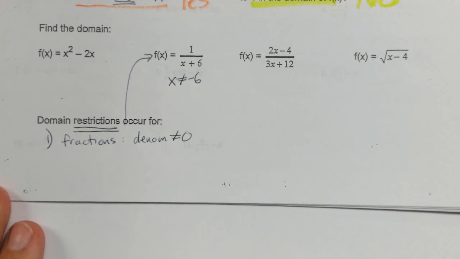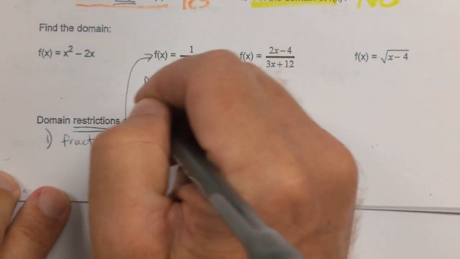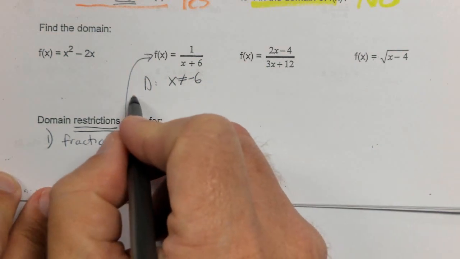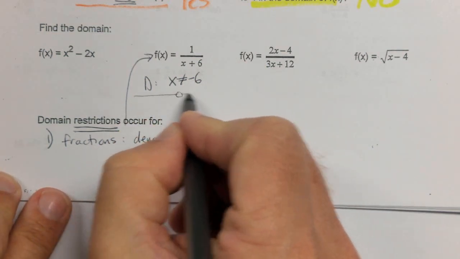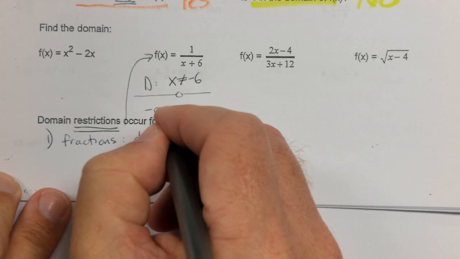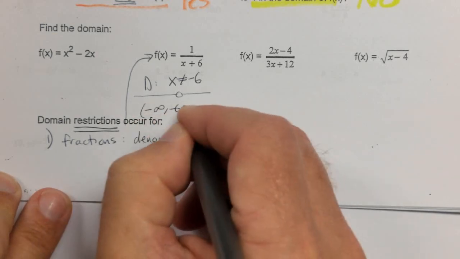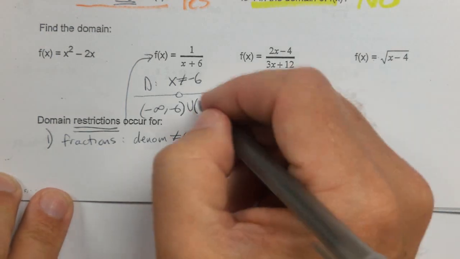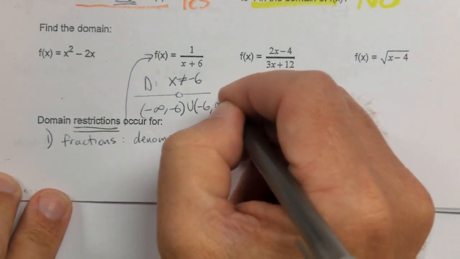That's the shortcut way to say the domain. The fancier way in interval notation, think about a number line. It's everything except negative 6. So negative infinity to negative 6, but don't include negative 6. And then pick up again with negative 6 and go to infinity.